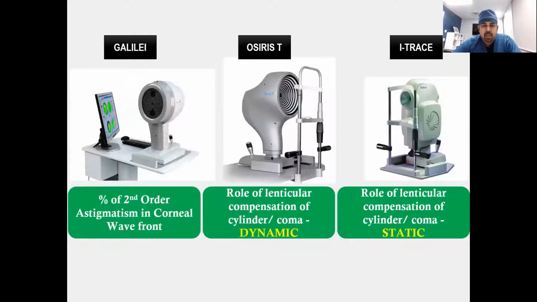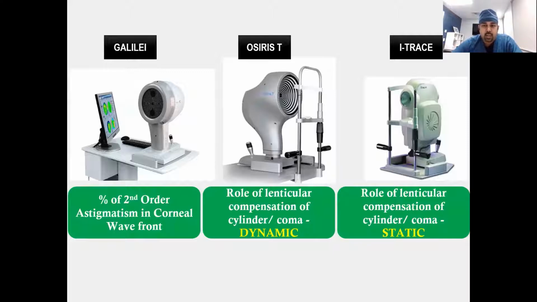For understanding these, we had a few devices which helped us. The Galilei is a Scheimpflug topographer, but you can substitute it with any other Scheimpflug topographer or topographer, just to understand what component of your cylinder is astigmatism and what component is of the other higher order aberrations.